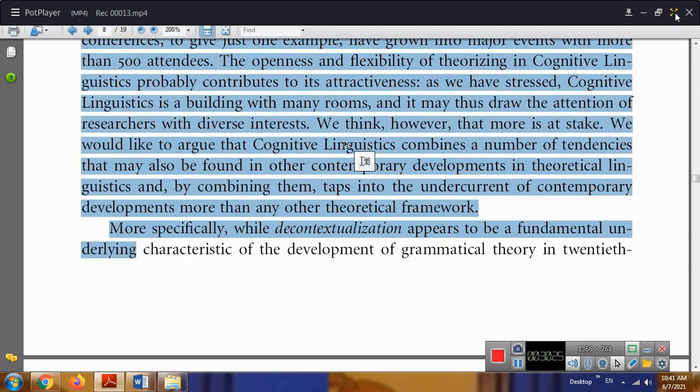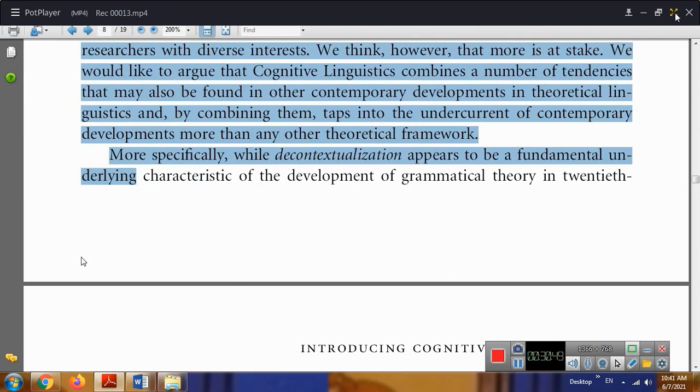We think, however, that more is at stake. We would like to argue that cognitive linguistics combines a number of tendencies that may also be found in other contemporary developments in theoretical linguistics, and by combining them taps into the undercurrent of contemporary developments more than any other theoretical framework.